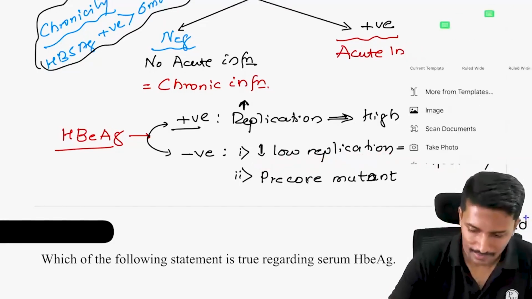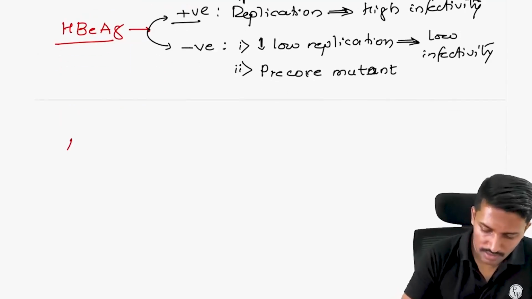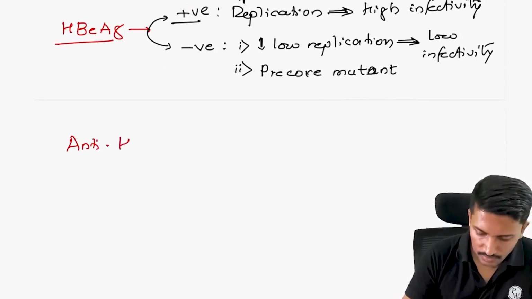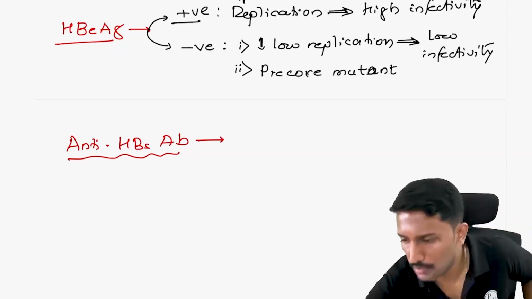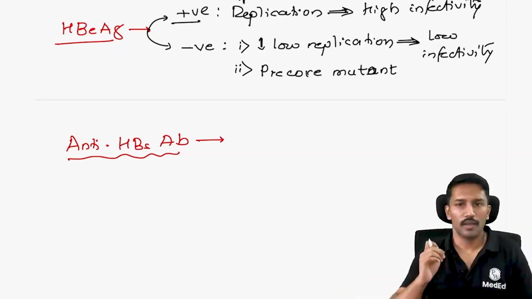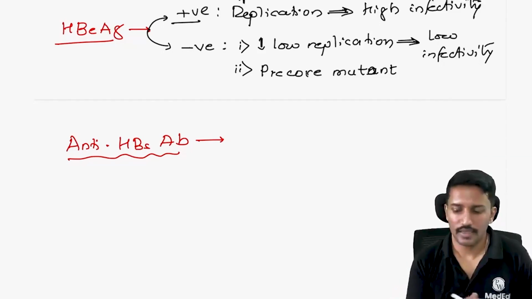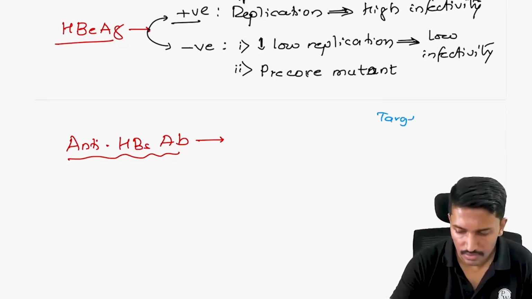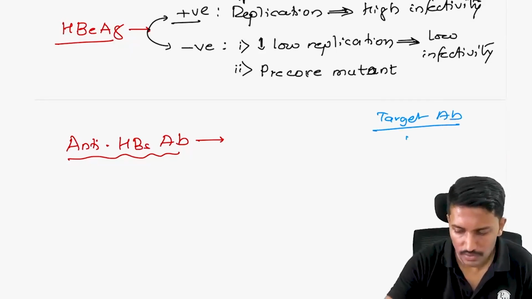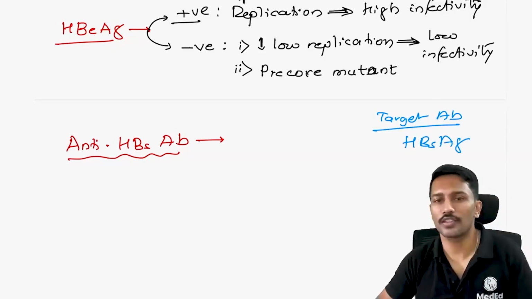Okay, now one more antibody that we would hear is anti-HBs antibody. Now we have to remember one point here, Abhinav. Anti-HBs antibody basically is a neutralizing antibody, and you have to remember its target antigen is HBsAg, and they are mutually exclusive.